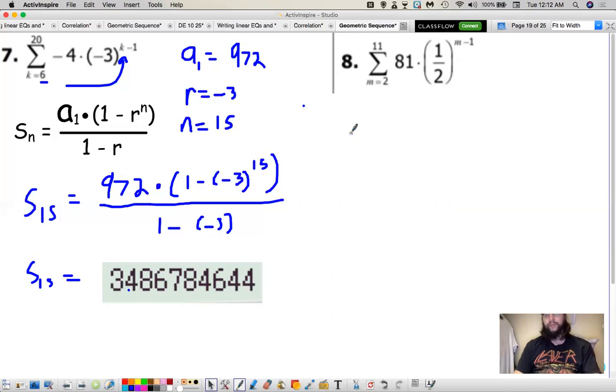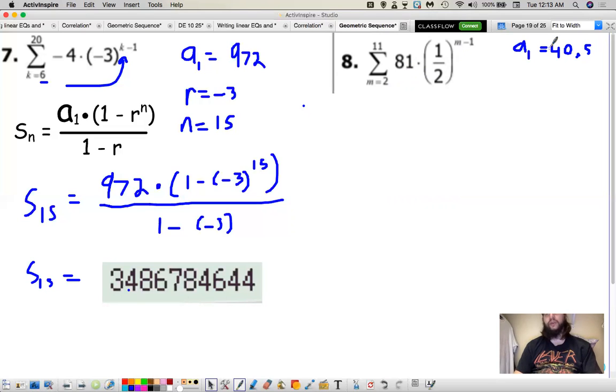Anyway, same thing on this one. Let's do A1 first. Plug 2 into here. That's a half times 81. Half of 81 is 40.5. All I did was plug 2 in here for M. 2 minus 1 is 1.